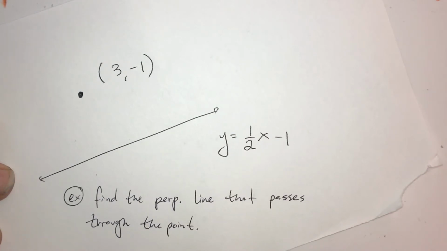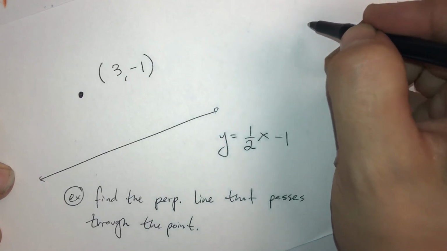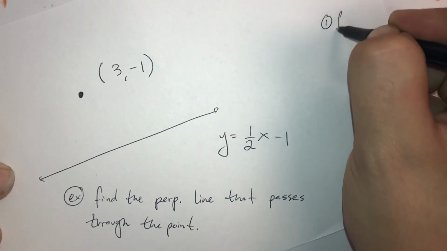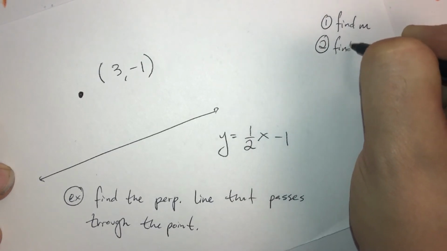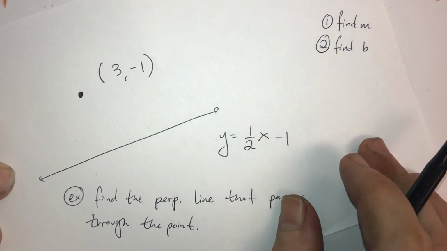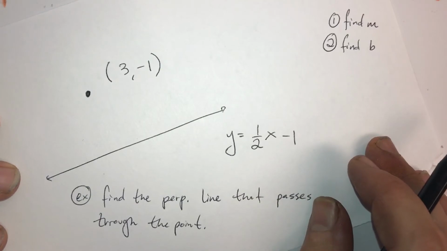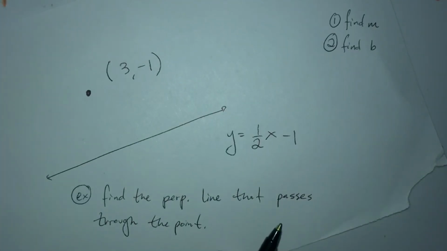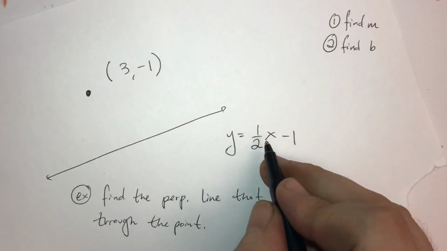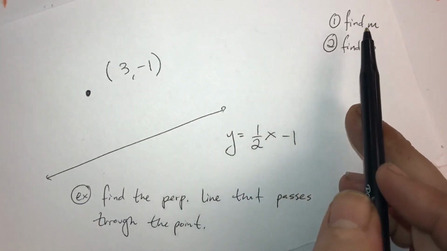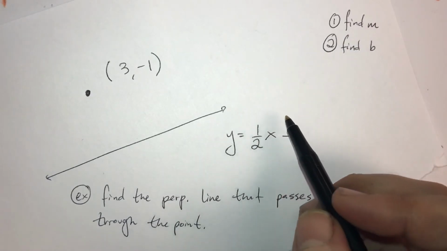All right, so again, for every line, we're going to need to find the slope and find the intercept. You should notice that that's kind of a theme.